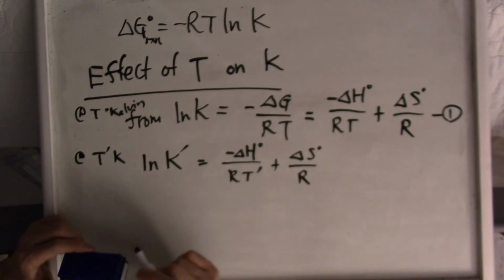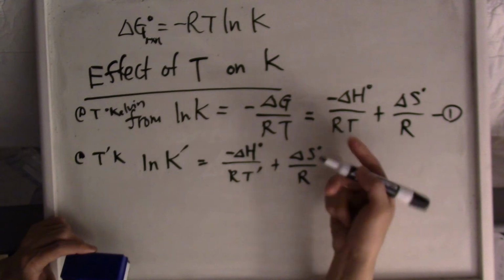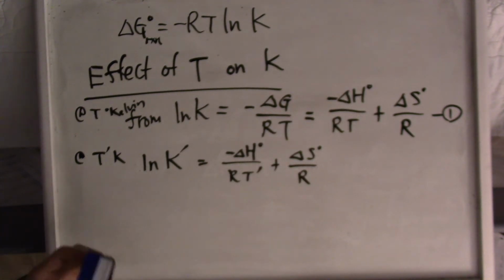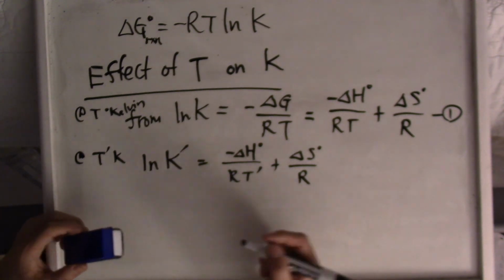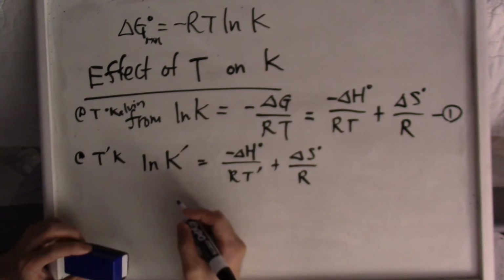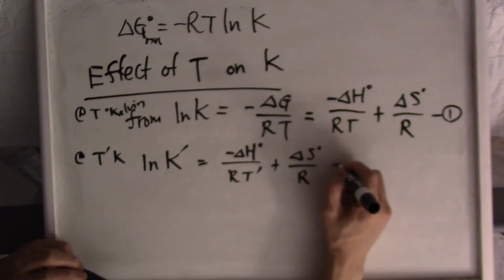Assuming that the delta H doesn't really change over the temperature range. Of course, it might, and if that's the case, we have to accommodate that. But anyway, assuming delta H doesn't change, we call this equation 2.